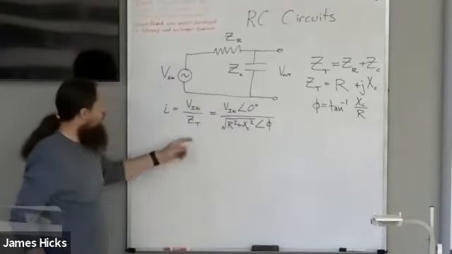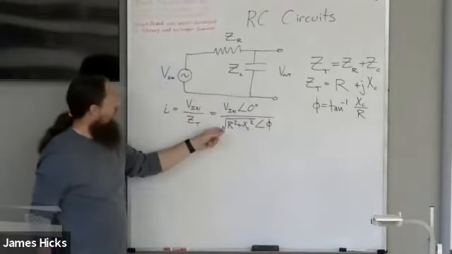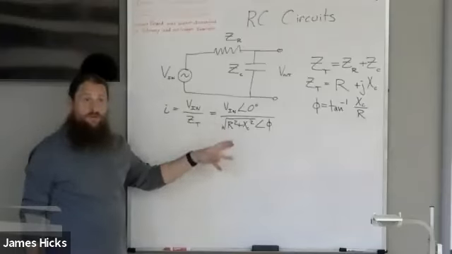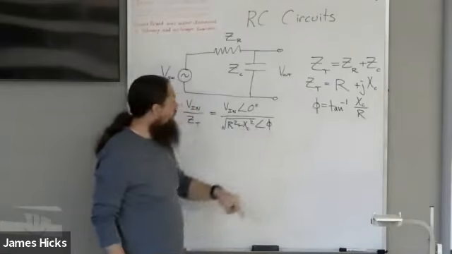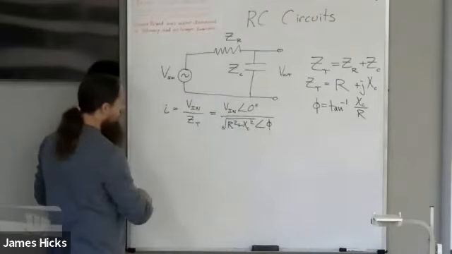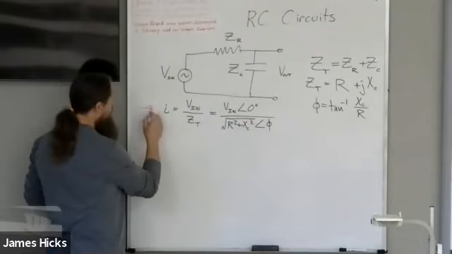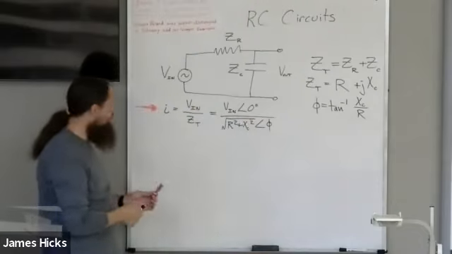So this is our total current that's going through the equivalent impedance Z total. So we've got about half of our job done.